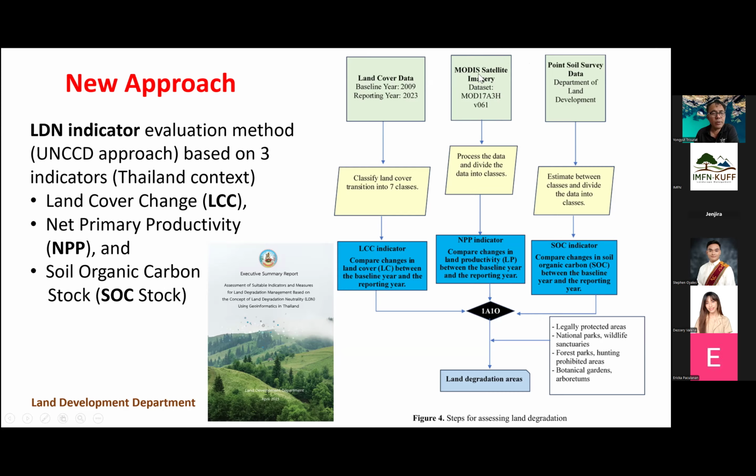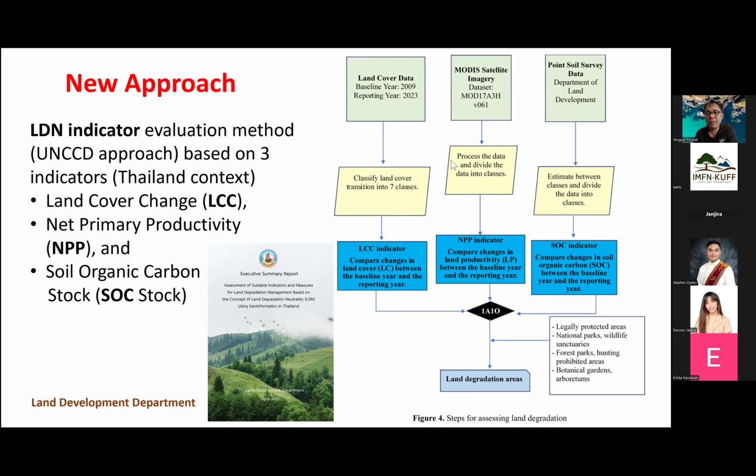And for the net productivity, they use MODIS satellite images. MODIS has a few bands. In remote sensing, we call them bands. For example, Landsat has 7 bands.